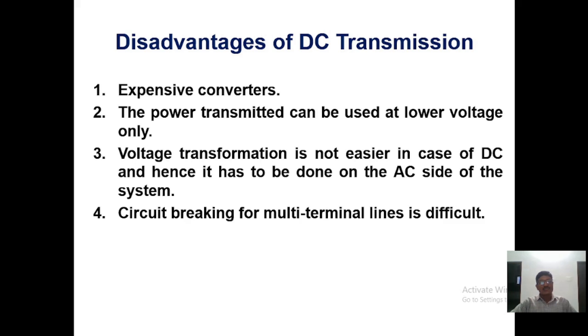The voltage transformation is not easy in case of DC, and hence it has to be done on the AC side of the system. And also circuit breaking for a multi-terminal line is very difficult in that DC transmission system.